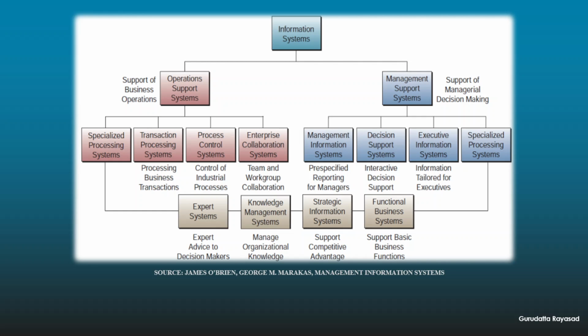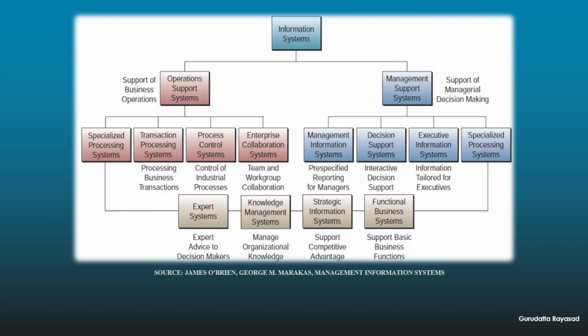So they are called specialized processing systems, which include expert systems, knowledge management systems, strategic information systems, and functional business systems. So these are some of the important information systems we will discuss.